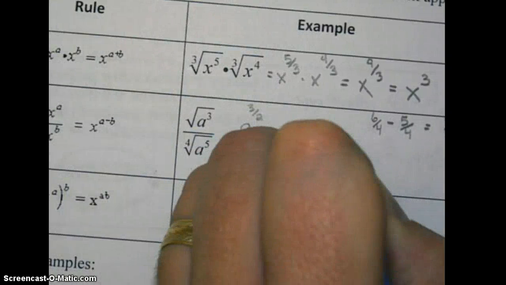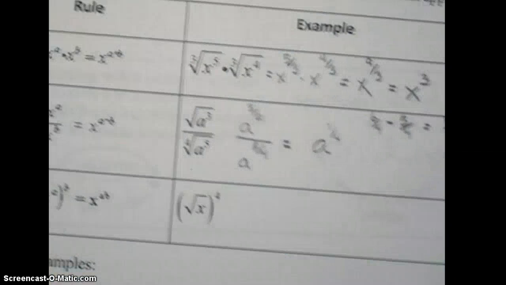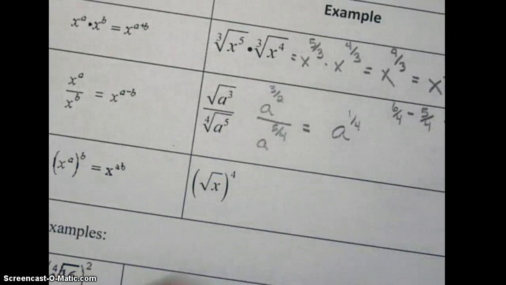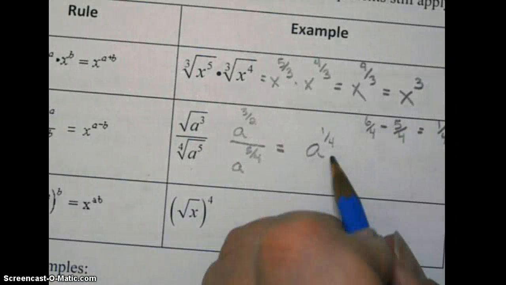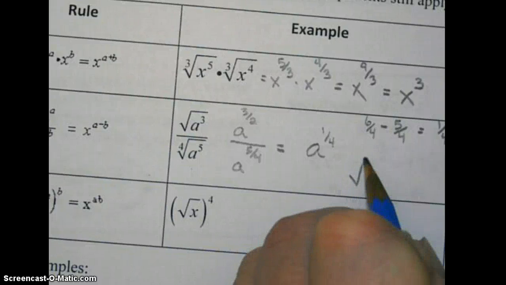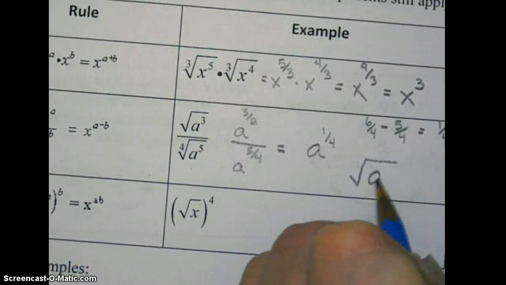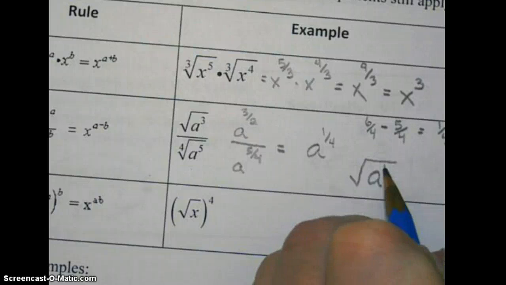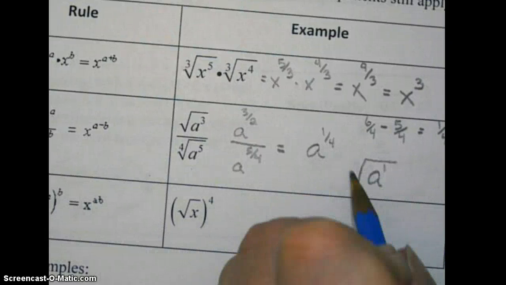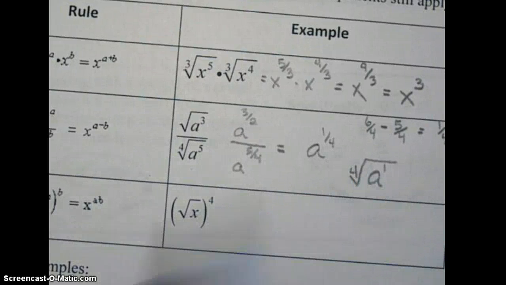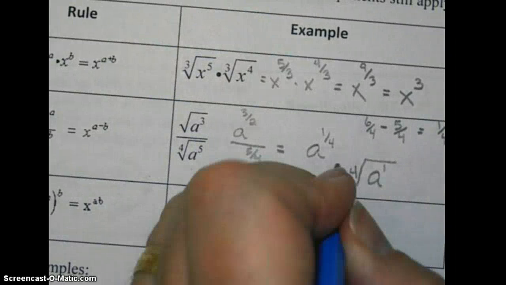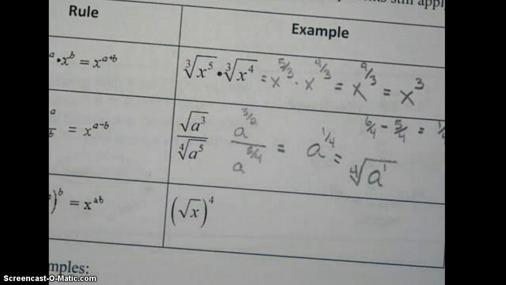A to the 1/4. And if you wanted to write that as a radical, we would put a underneath. The power is 1, and the root, or the index, is 4. So either of these answers is correct.